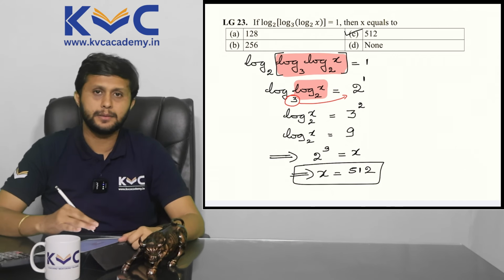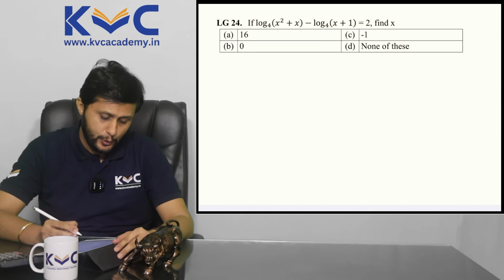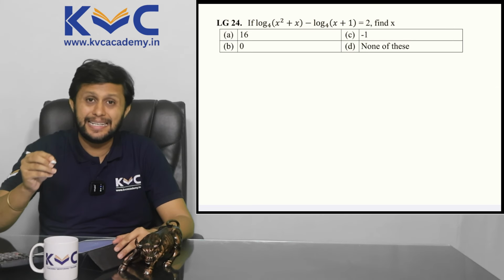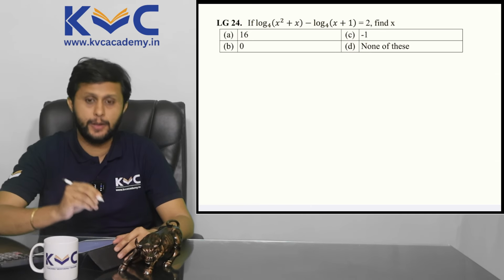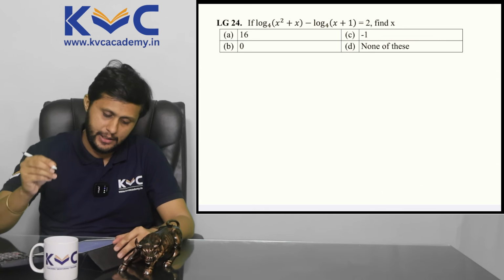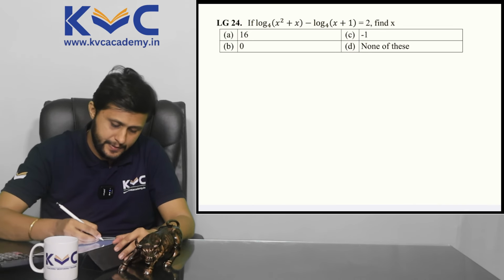I hope that's clear. Moving on to the next question, question number 24. If log of x square plus x to the base 4 minus log x plus 1 to the base 4 equal to 2. Okay. We have difference of two logarithms.